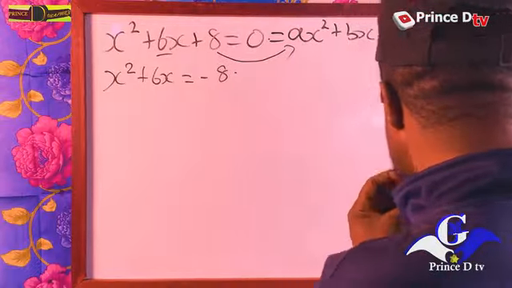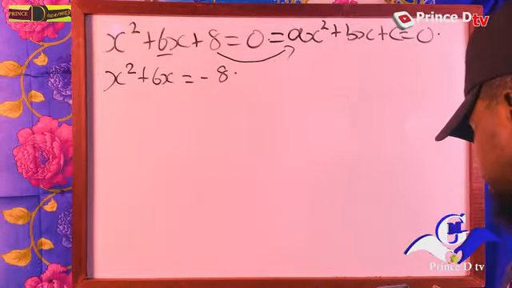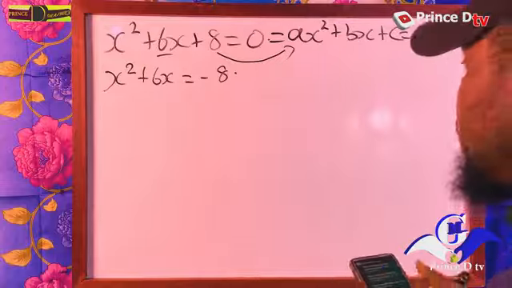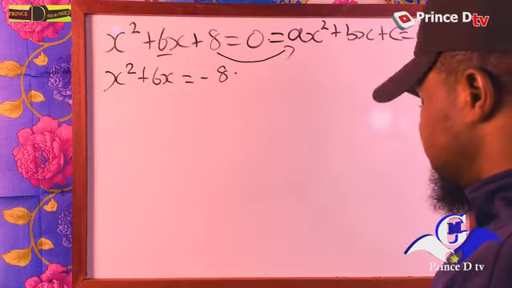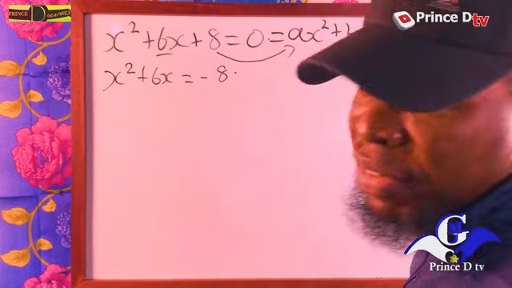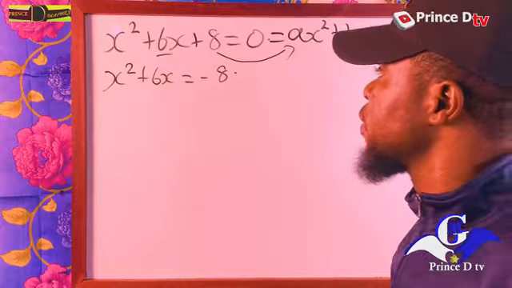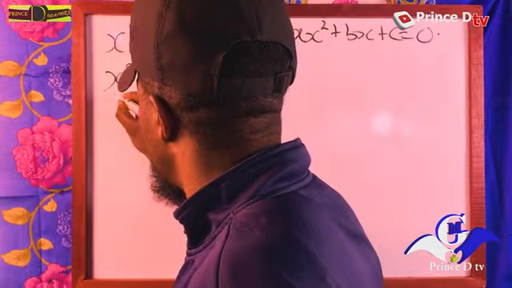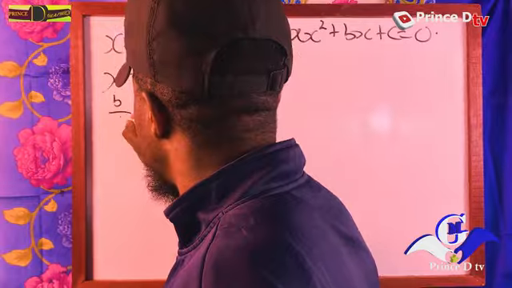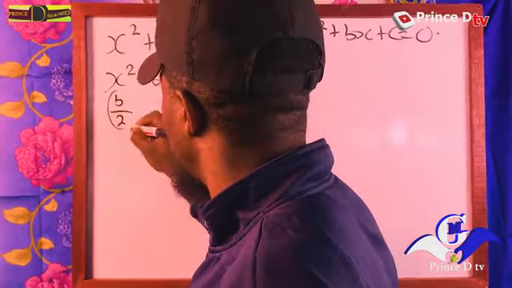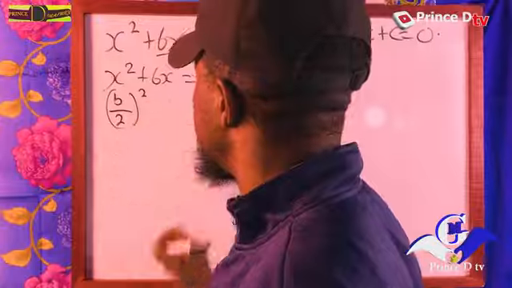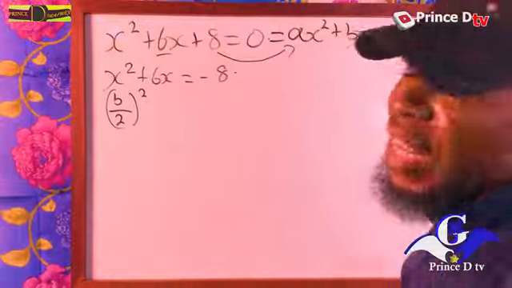Now, the fourth step, we have to add b over 2 all squared to both sides of the equation. That's just the law.